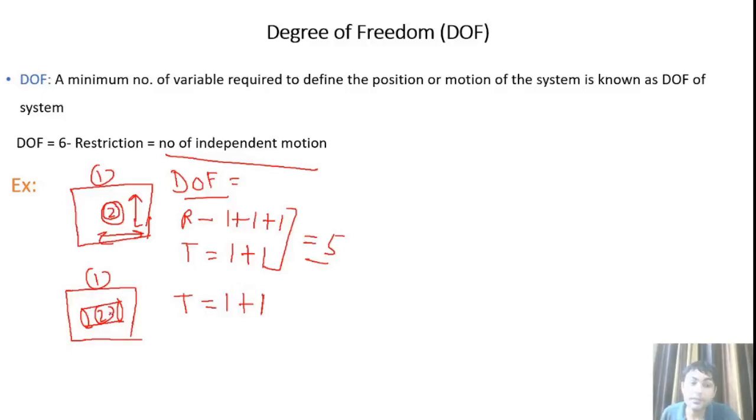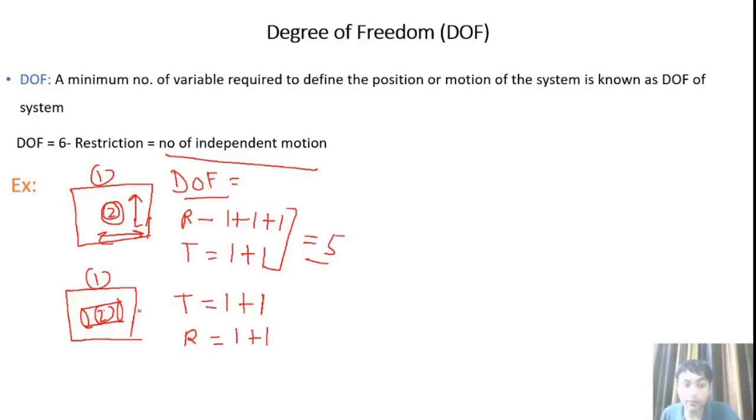because if we try to translate along z-axis, then there is no net contact between link 1 and 2, so the pair will break. Now count rotary motions. It can rotate about x-axis, no problem. Rotate about y-axis, no problem.